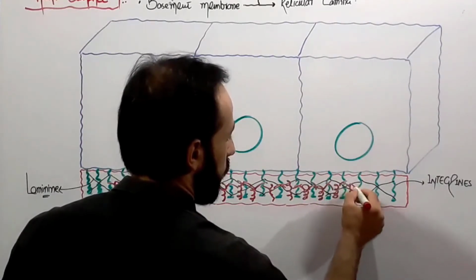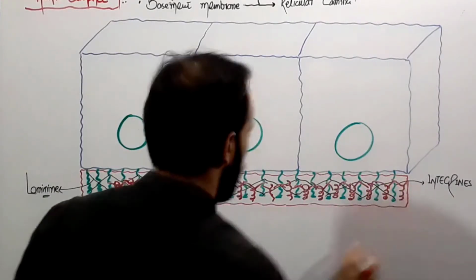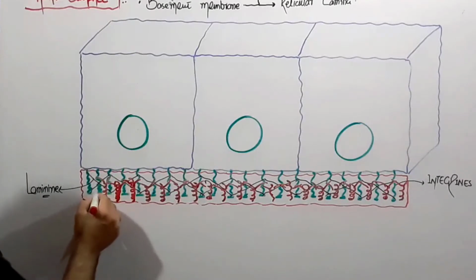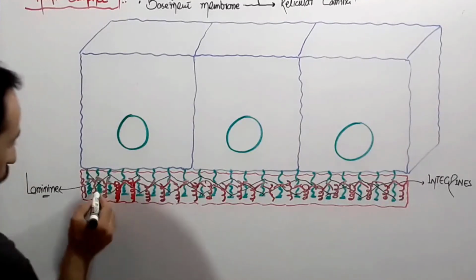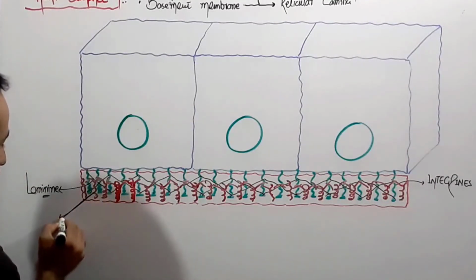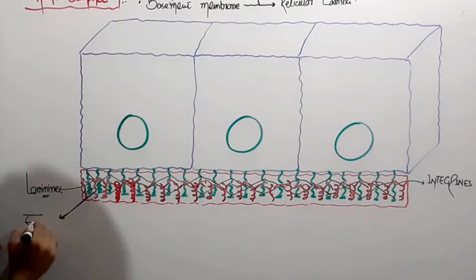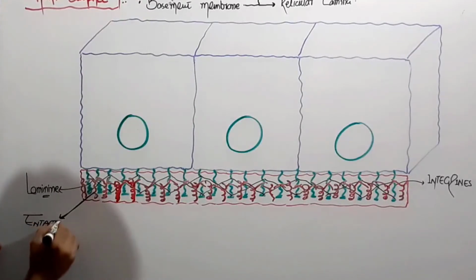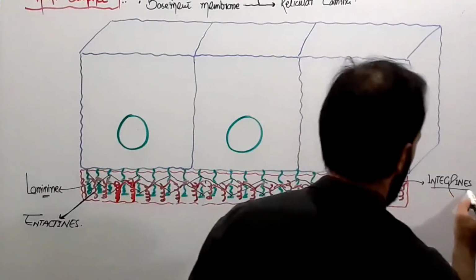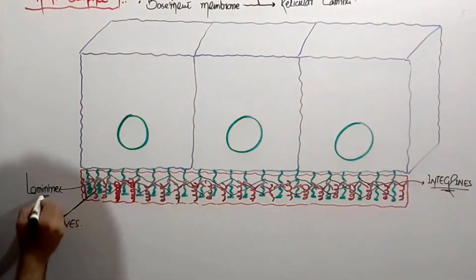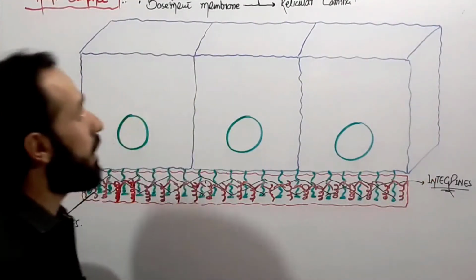So we want to show a very simple diagram and clear our concept about the basal lamina or basement membrane. The first layer that I am making right now is composed of this group of proteins. This third protein found in the lamina lucida is called the intactin protein. So these three important components, the integrins, the laminins and the intactins, unite together and make the lamina lucida.